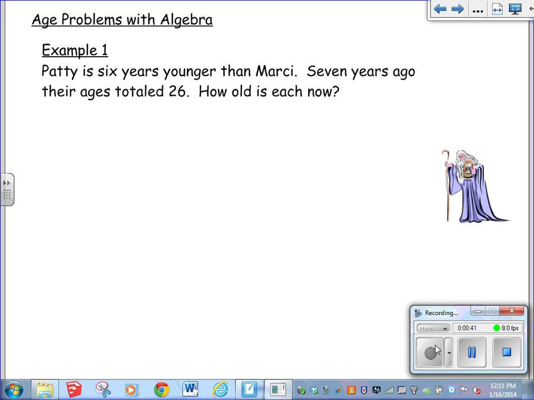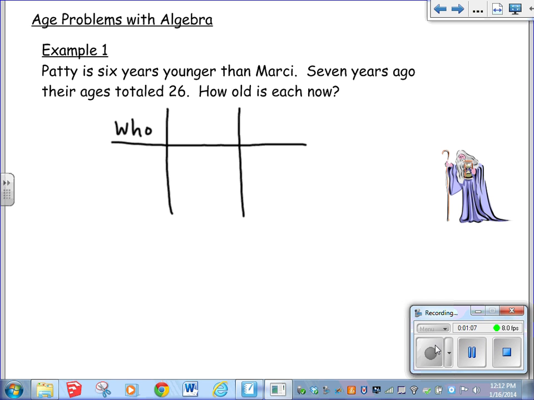Instead of writing let statements, it's often really useful to make a little chart to help us solve these problems. That chart is going to put the main facts of the problem and help you organize them. The first column is always going to be who, because these age problems usually have people in them.